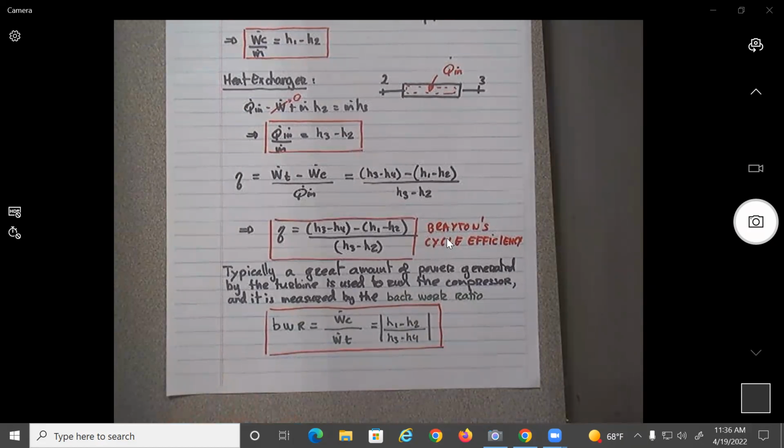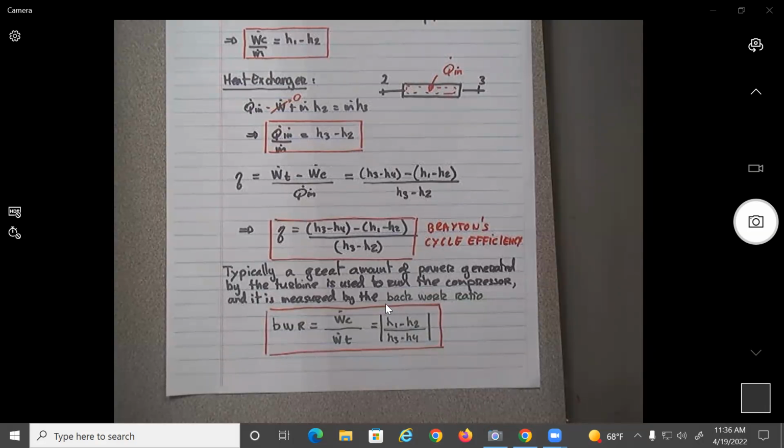Here I'm going to add that in this case, what we're assuming is that everything is perfect. Next, we can calculate the non-ideal Brayton cycle, which means we'll have to put into play the isentropic efficiencies of the compressor and the turbine, and maybe one other heat exchanger. But this is the ideal case.